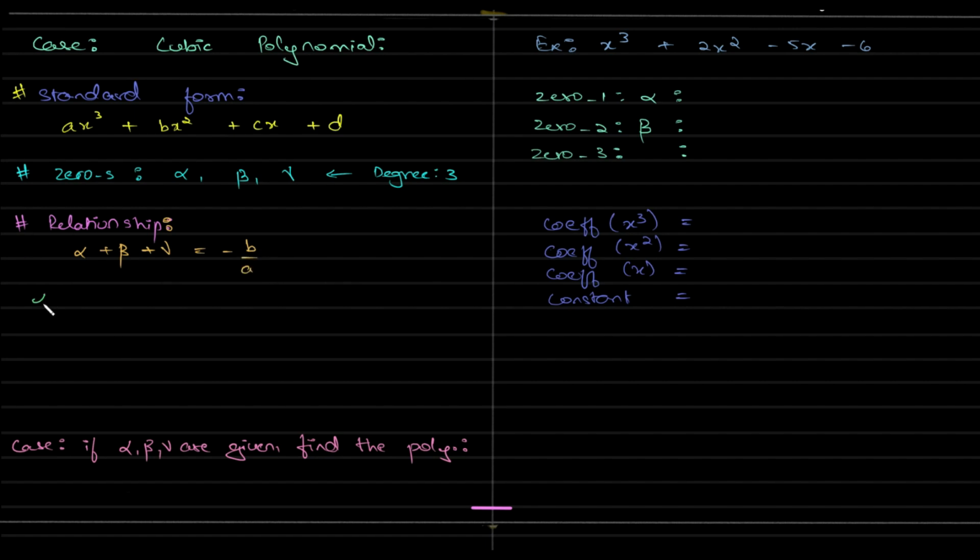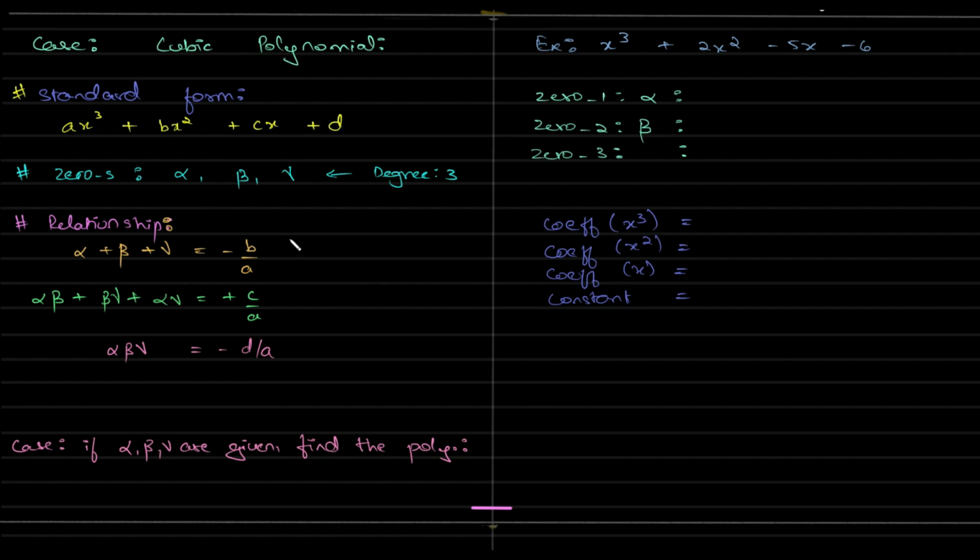Next is the product of zeros taken 2 at a time. The sum of product of zeros taken 2 at a time, it's equal to plus c by a. And we have product of the zeros alpha, beta, gamma being equal to minus d by a.